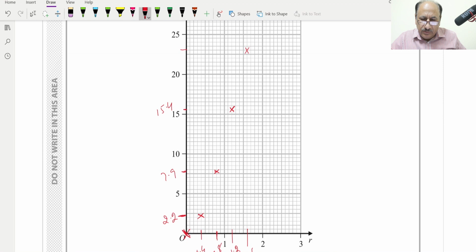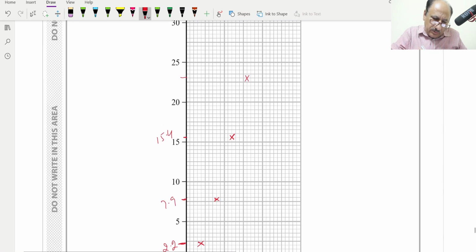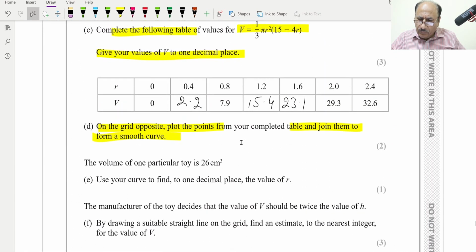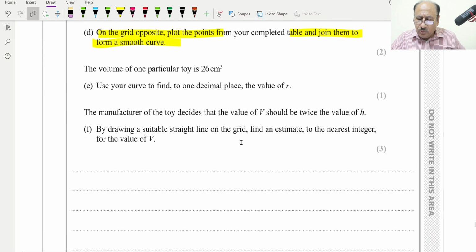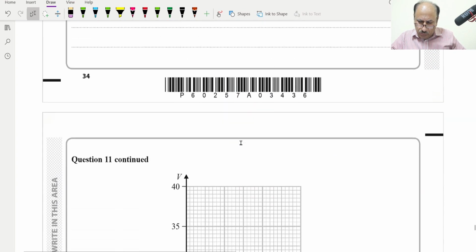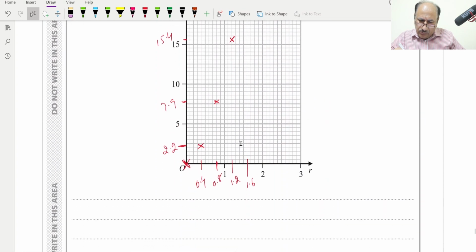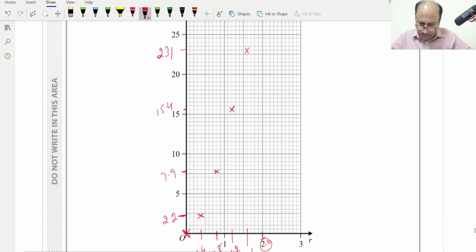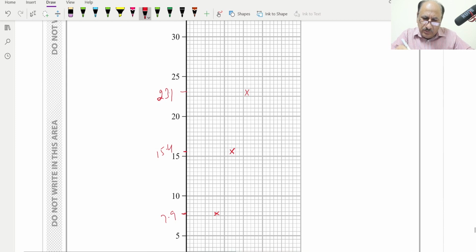23.1 is done. The next value is 2.0 and 29.3. This is the 2.0 reference, and 29.3 will be closer to 30, so this one.